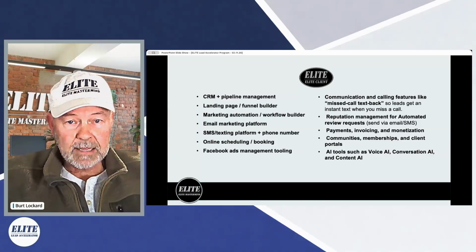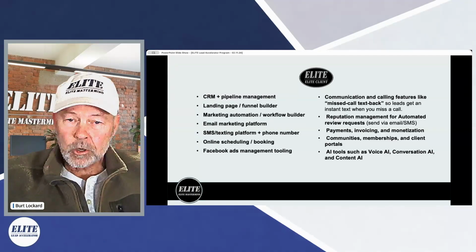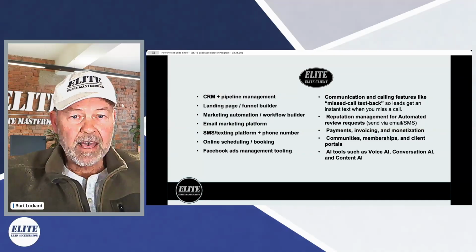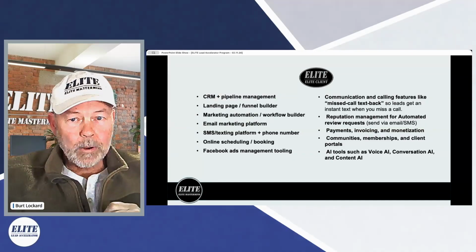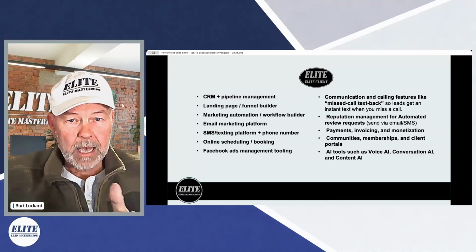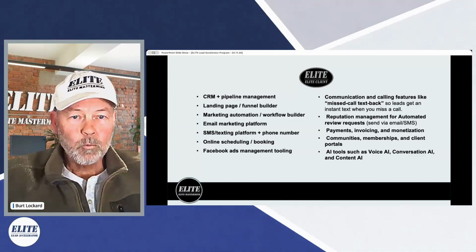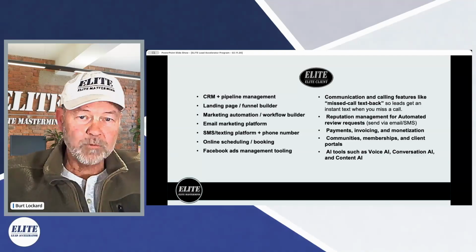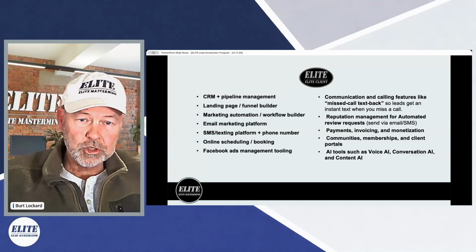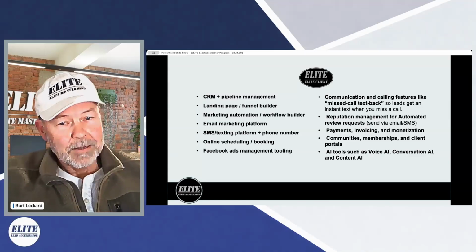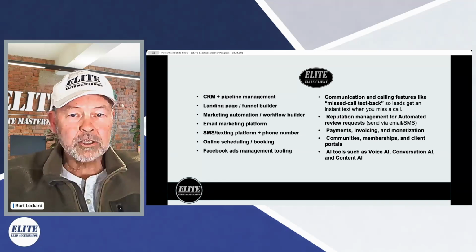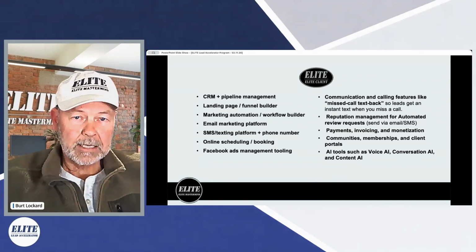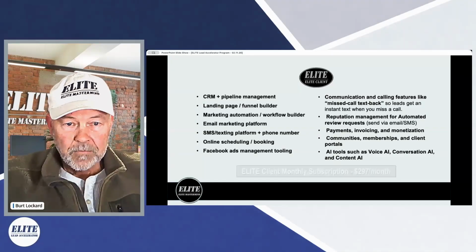People are going to go out and research you on Google, and it's very important that your Google reputation is managed, so you have a reputation management tool right within the Elite Client platform. You can also do payments and invoices, communities, memberships, and everyone's talking about AI. You can actually do voice AI and conversational AI right within the Elite Client platform.